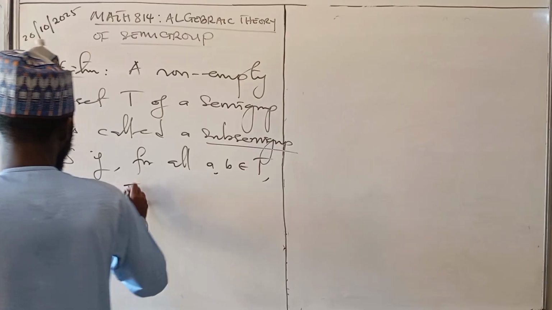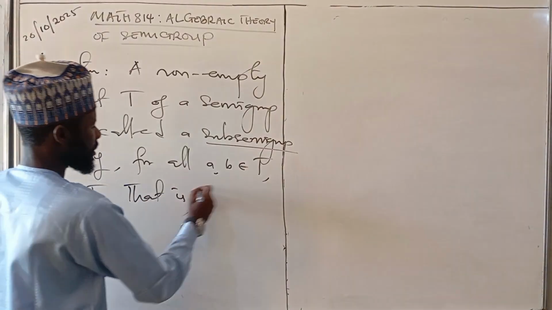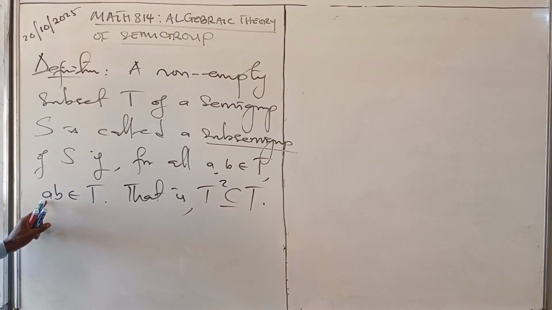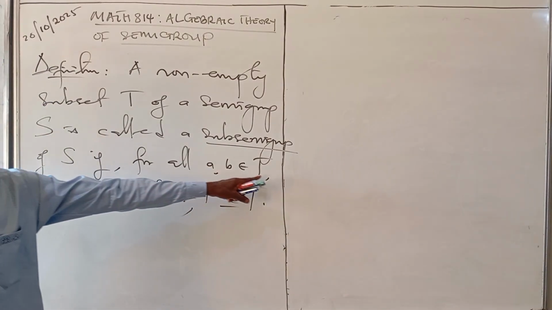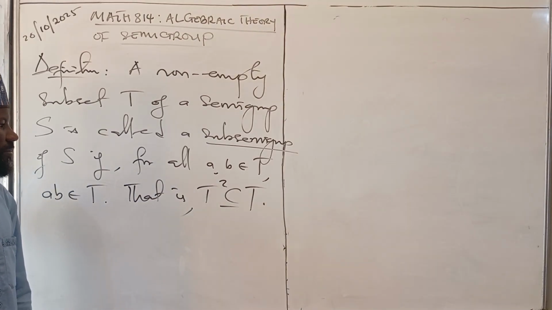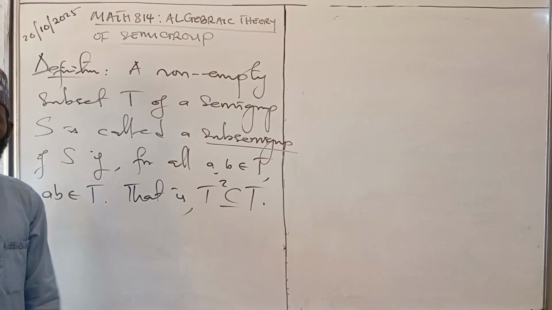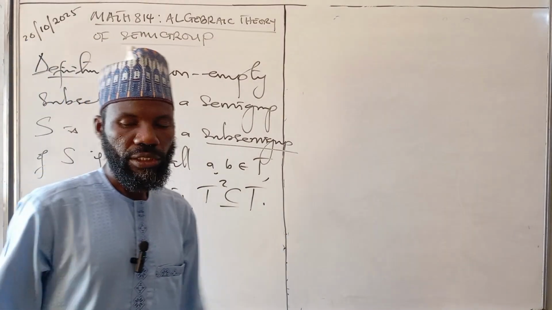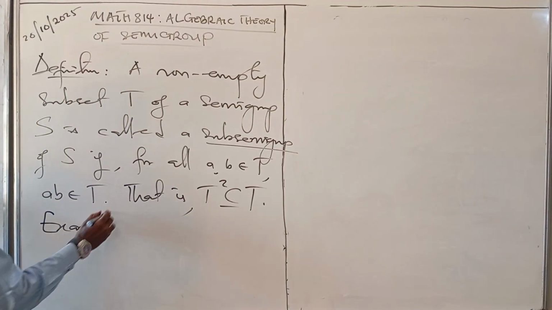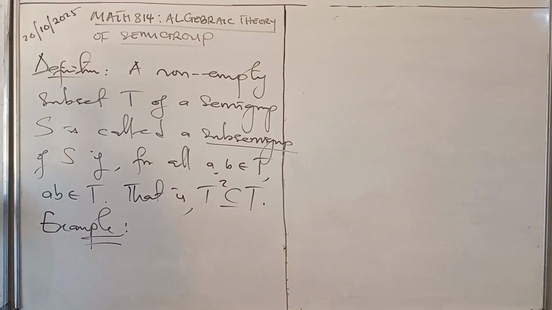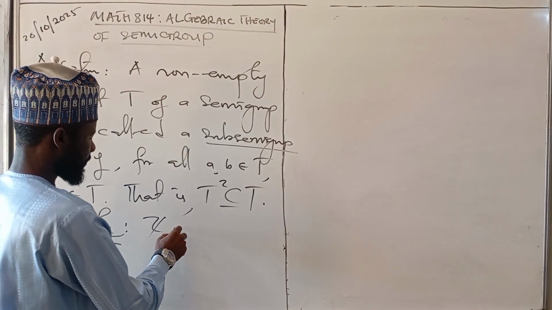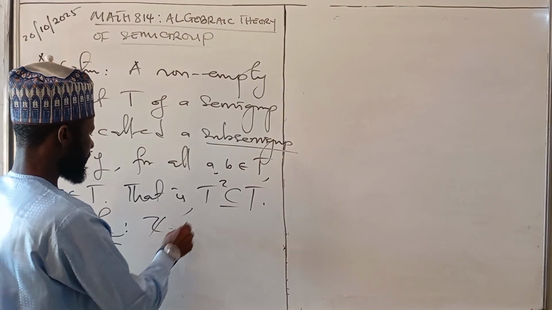In our notation, T squared is a subset of T, because T squared consists of all products AB such that A and B come from T. Is this okay now? Once you see that T is closed under the binary operation, then it is a subsemigroup. Look at the semigroup of integers with multiplication.